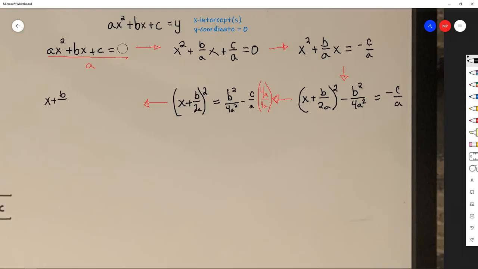Okay, here comes the kicker. This is where it all wraps up. What I want to do is get rid of this here square.